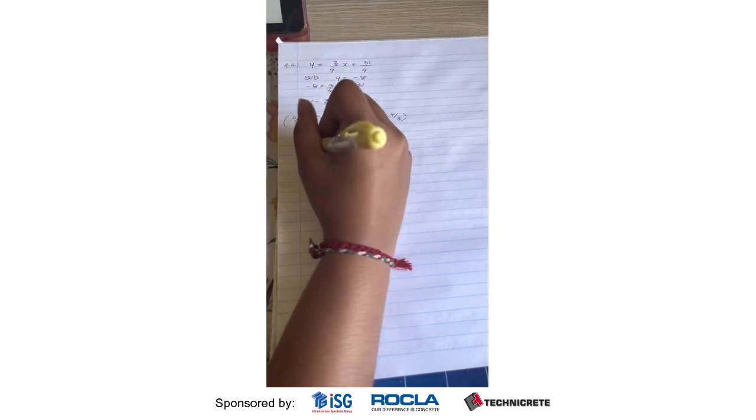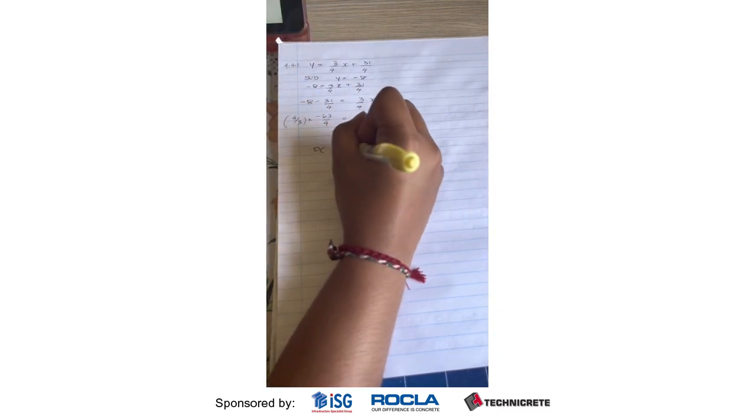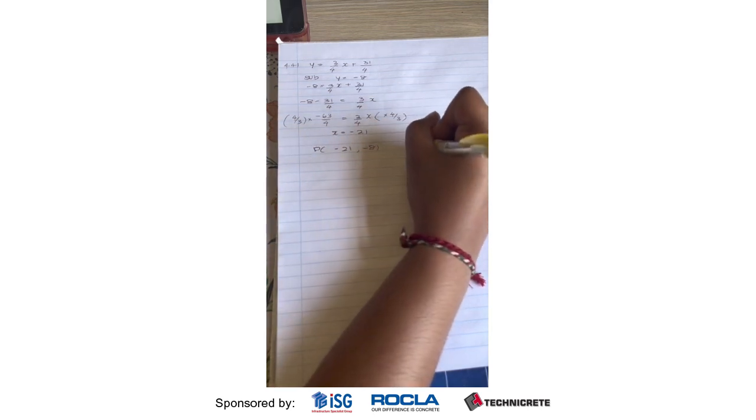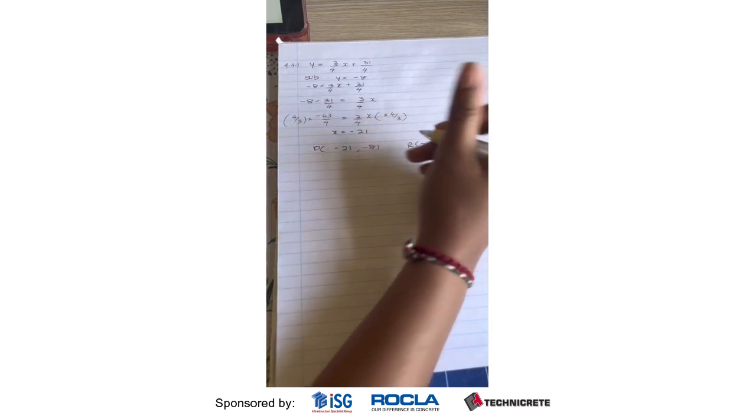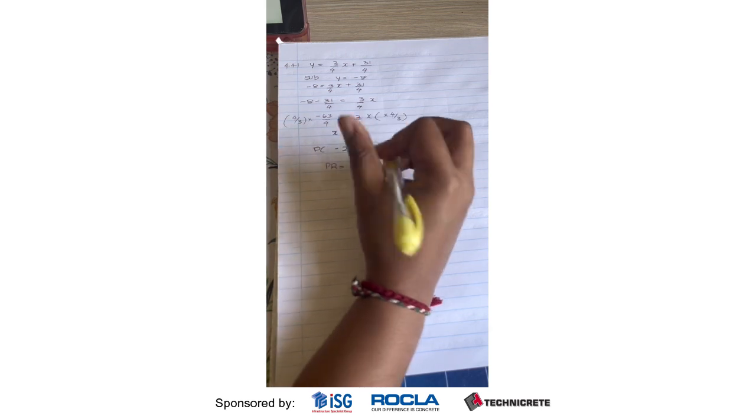So now that we know that P is -21 and -8, and R is -6, -8, we can calculate the distance of PR.